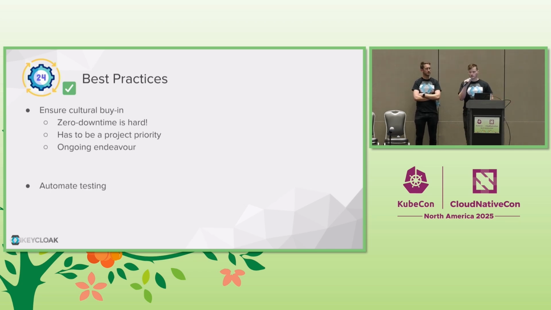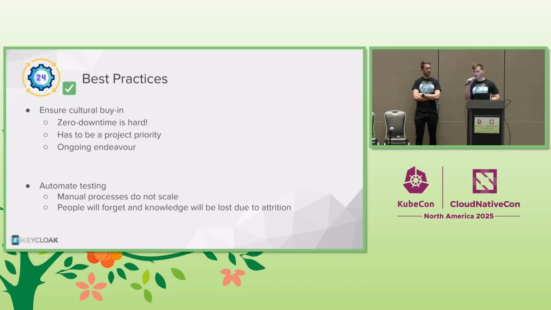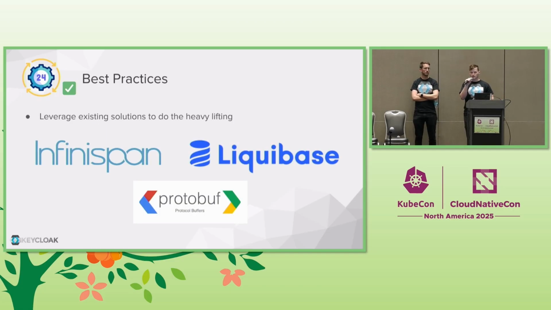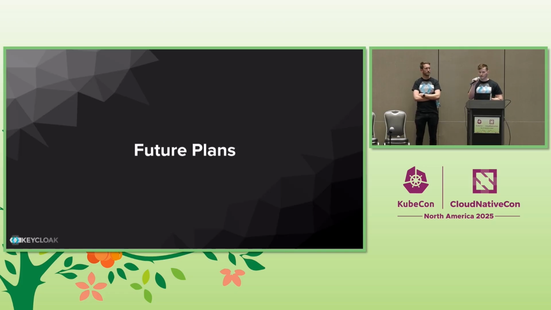The second one is automating the tests. Manual processes do not scale, and people basically forget. It ensures consistency and confidence in this. And the last one is leveraging existing solutions to do the heavy lifting, so not reinventing the wheel again and just relying on this.